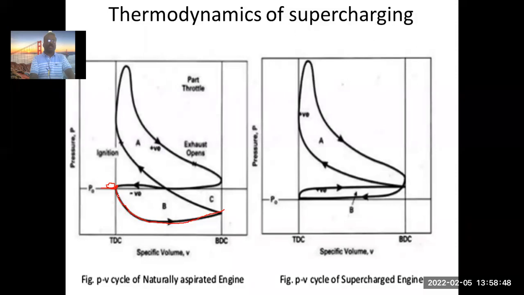So this line is going like this. I hope everybody understood why this line is going like this. Any doubt? Because inside the cylinder, when the piston goes from TDC to BDC, what is happening? Decrement in the pressure. Pressure goes on decreasing as the piston starts moving from TDC to BDC. The pressure goes on decreasing, but simultaneously it is getting filled.